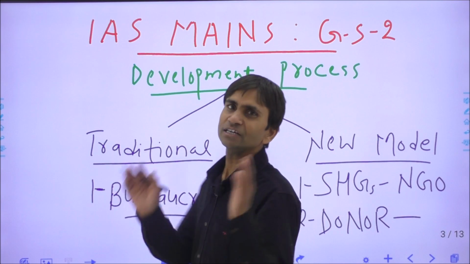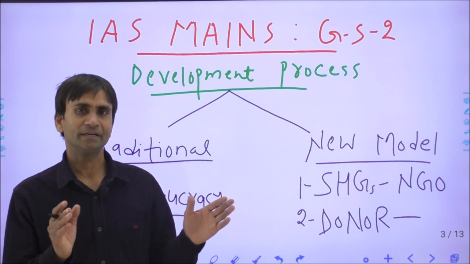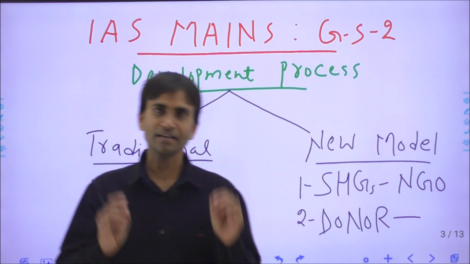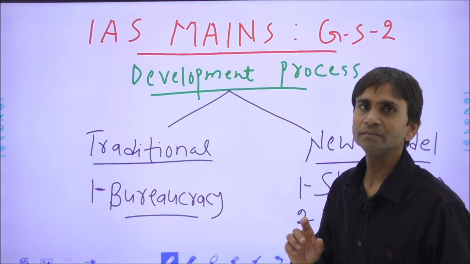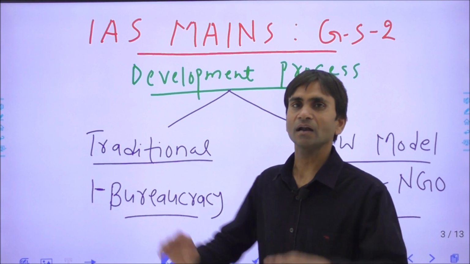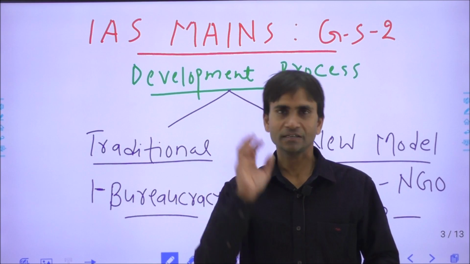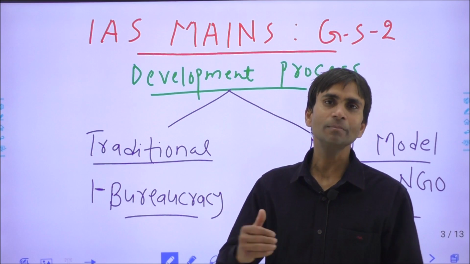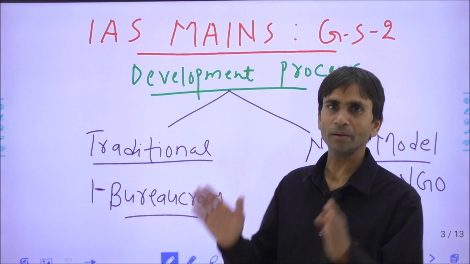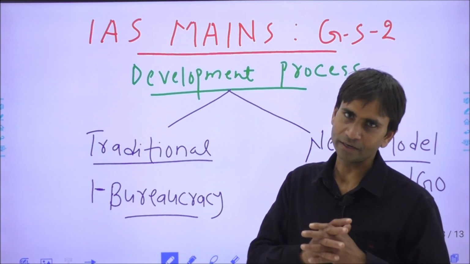There is a traditional model of development in each country. Every government maintains a large bureaucratic structure through which the government takes responsibility for the socio-economic development of its people and country.